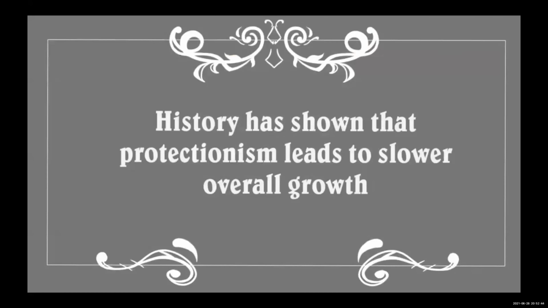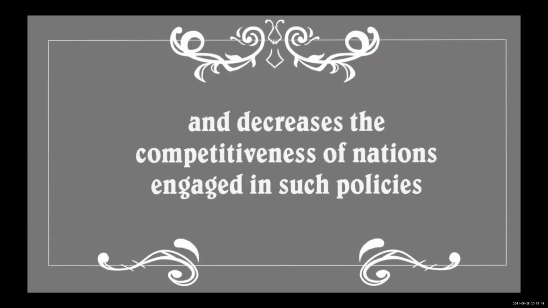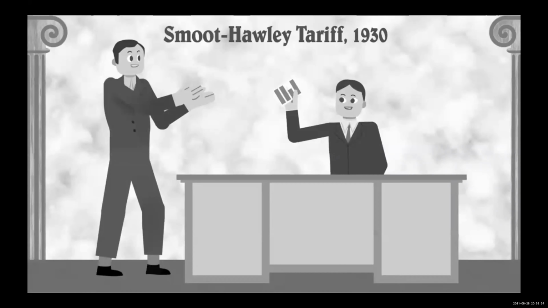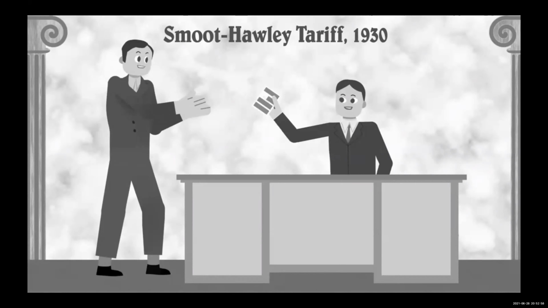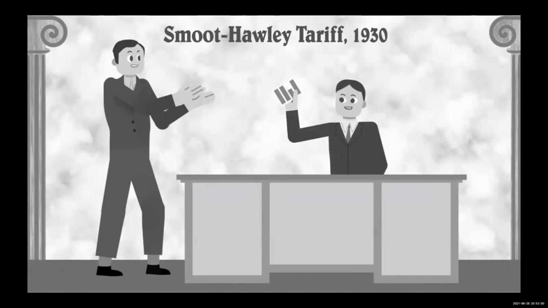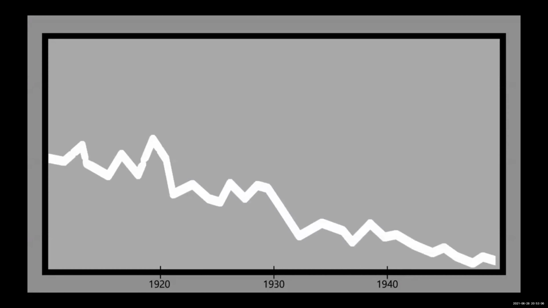Unfortunately, this solution only makes things worse. History has repeatedly shown that protectionism leads to slower overall growth and decreases the competitiveness of nations engaged in such policies. For example, the Smoot-Hawley tariff of 1930 increased tariffs on foreign goods from less than 20% to nearly 60%. The tariffs worked. Imports to the United States fell by over 60%.